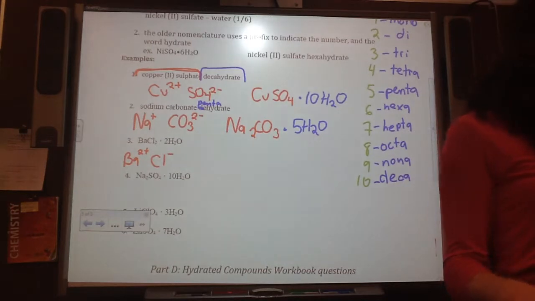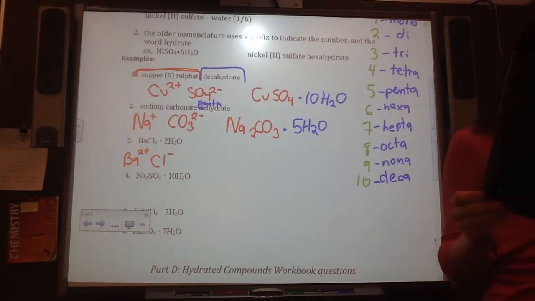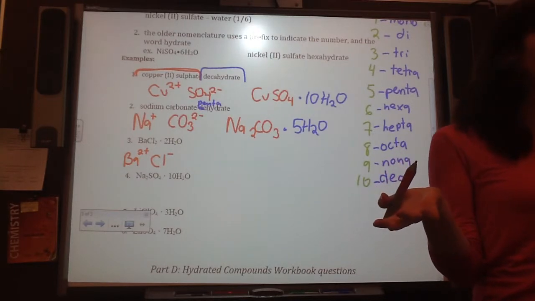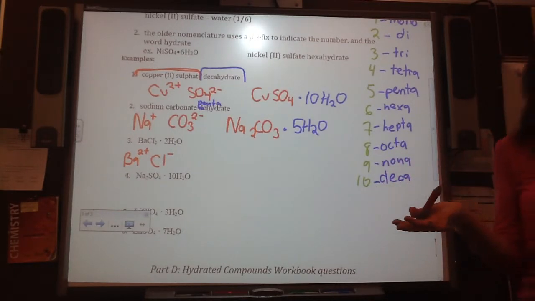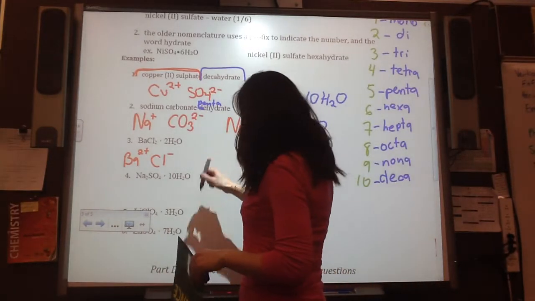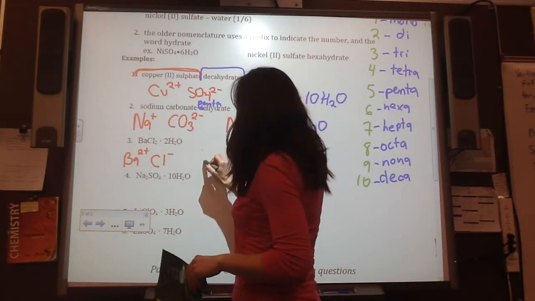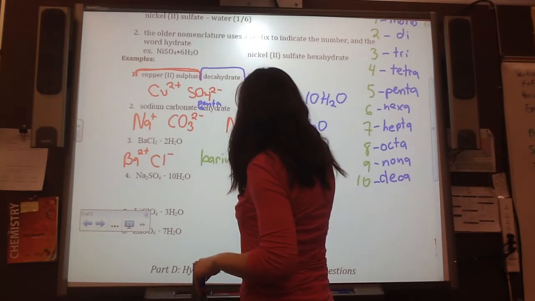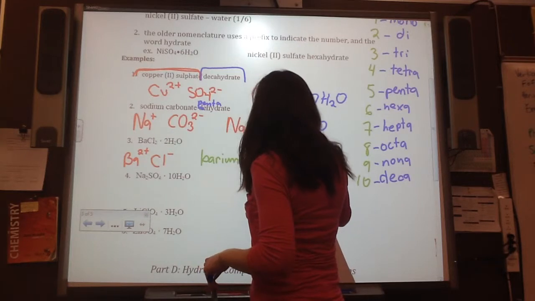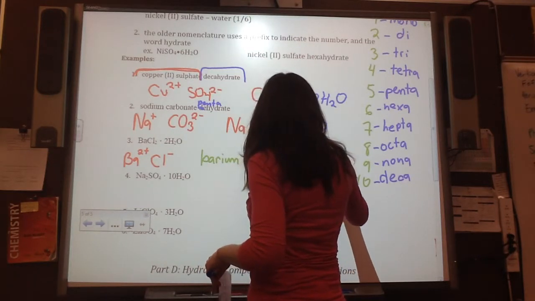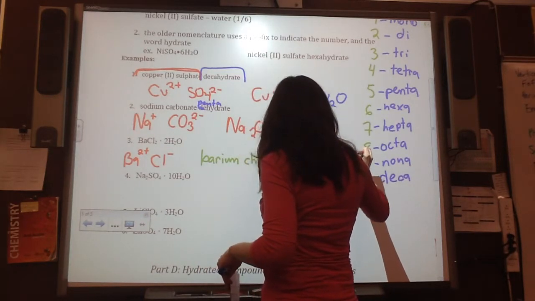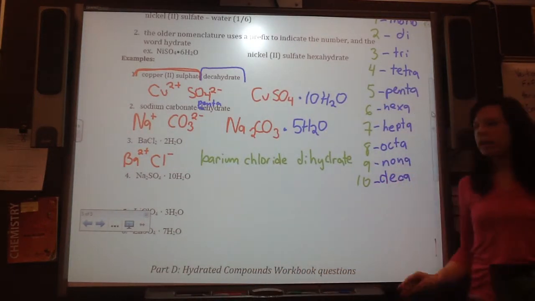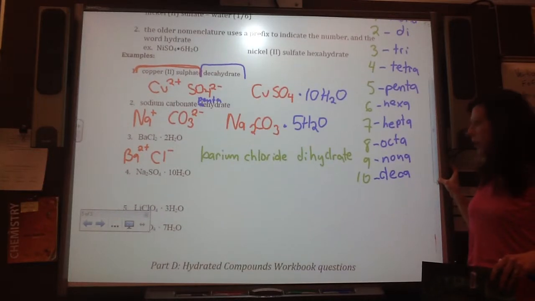Can barium be more than one ion? No, so that's fine. I don't have to write in my Roman numerals then. You see that? So then the name is just barium chloride dihydrate.